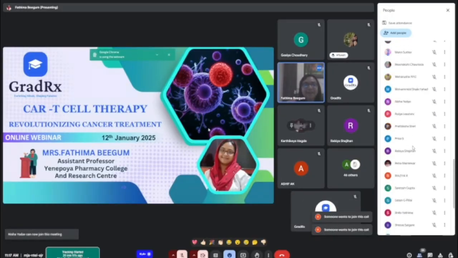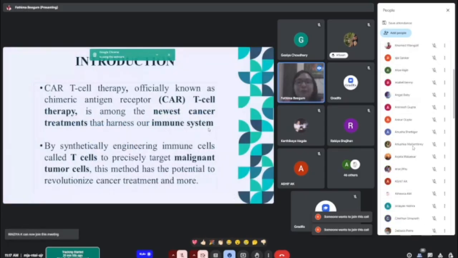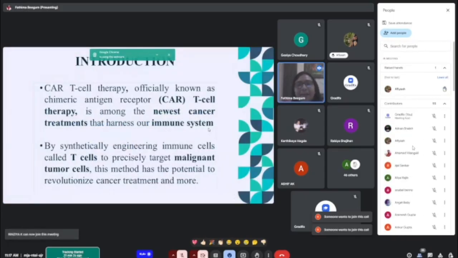Let's start. Before moving to CAR T cell therapy, I need to say something about immunotherapy. Can anyone say what you mean by immunotherapy? Can you unmute?